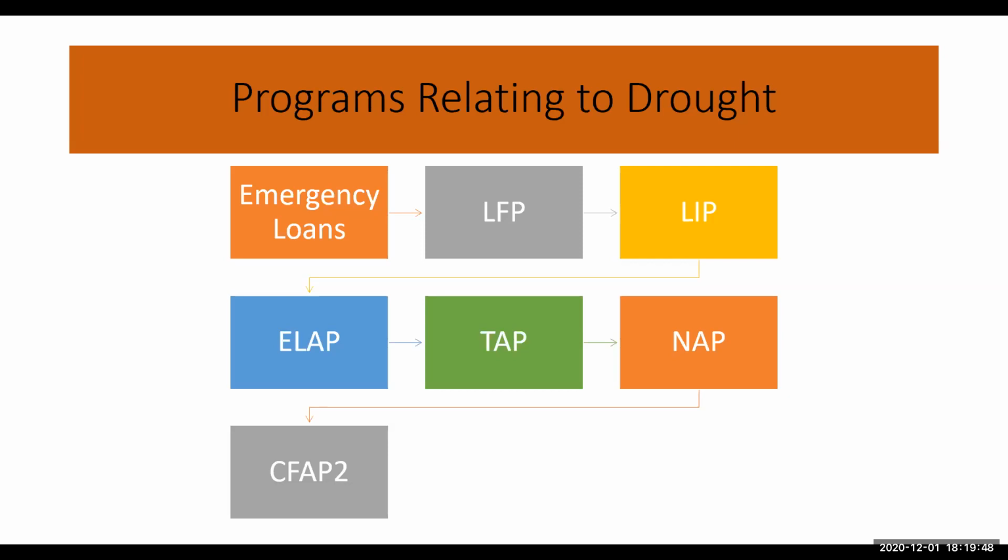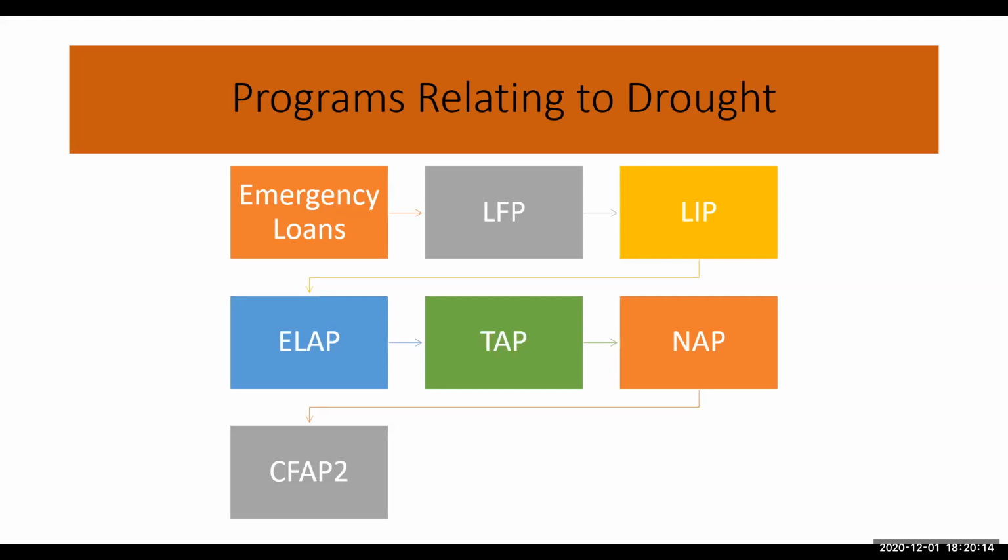But the one program that is still administered by a secretarial designation is emergency loans. Whenever you see a drought, and as a matter of fact, one just came out where they declared El Paso and Hudspeth counties as a drought-related area, which also triggered Doña Ana and Otero as contiguous counties.